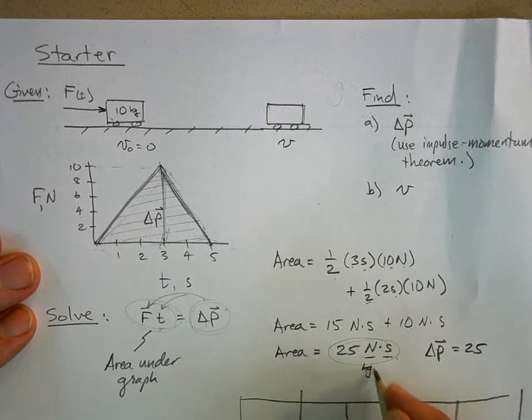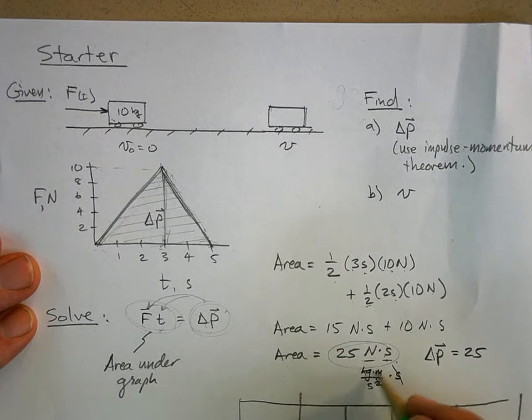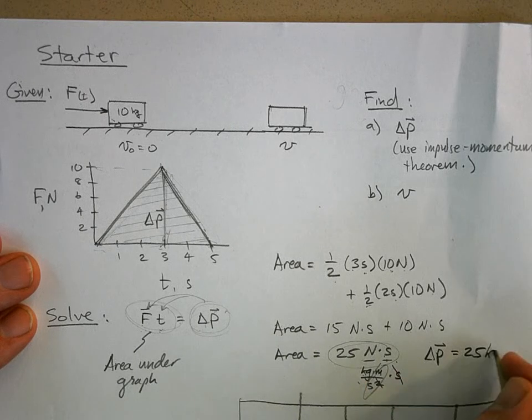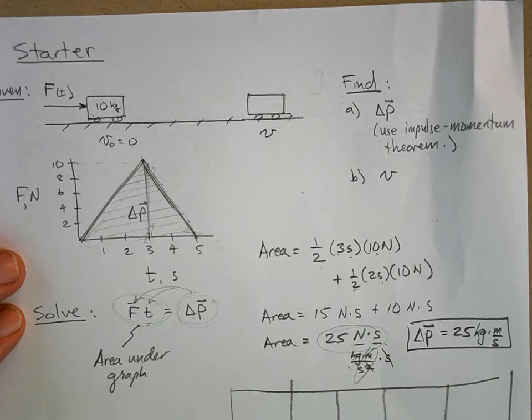A newton is a kilogram meter per second squared. Then you multiply that times a second. Notice that the seconds will cancel. You'll get kilograms times meters per second, mass times velocity. So there's my answer for part A.